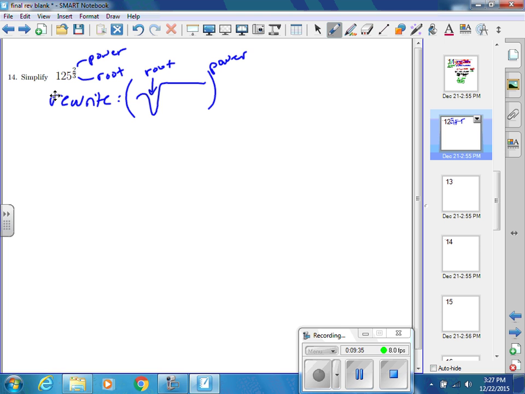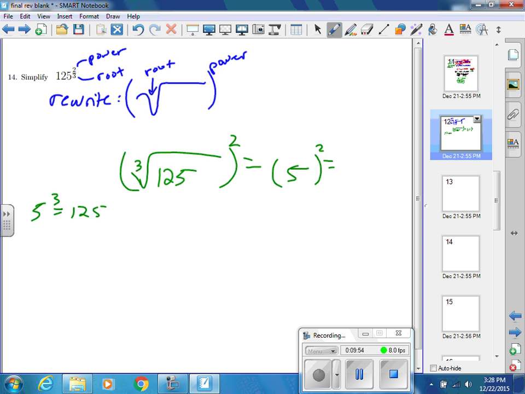So 3 is my root, 125 goes in here, and out here we're going to square it. The cube root of 125, make sure you know your cubes, 5 cubed is 125, so my answer is 5. Now I have to square it, 5 squared is 25. So final answer, 25. Finished. Easy problem.